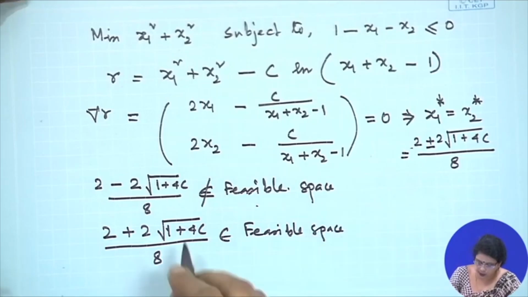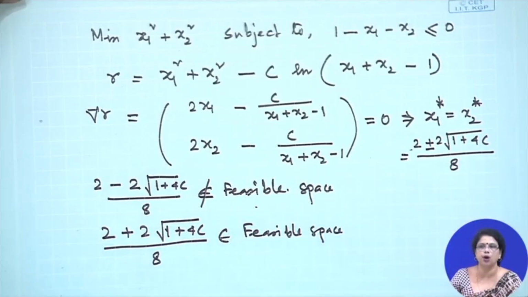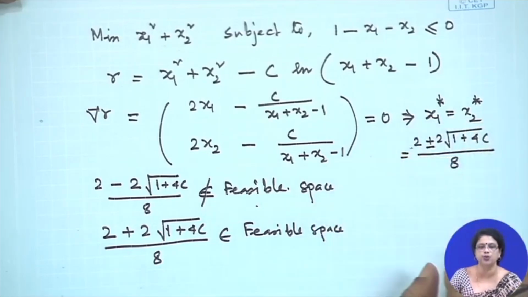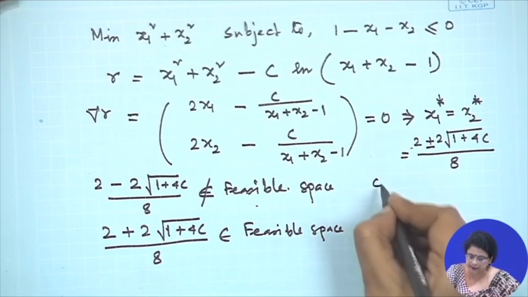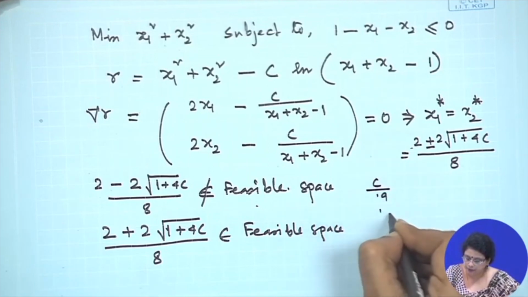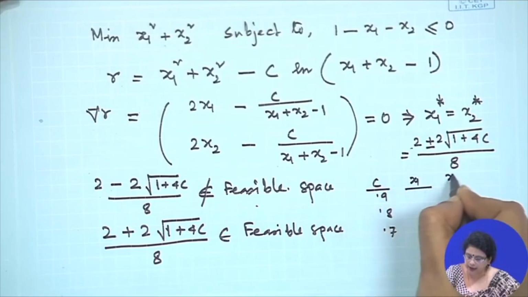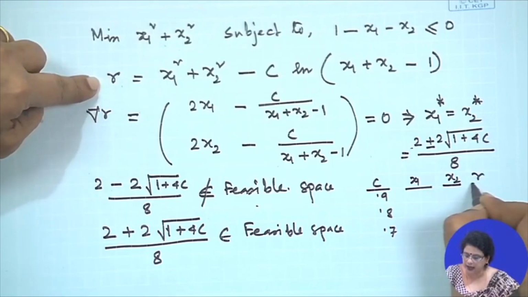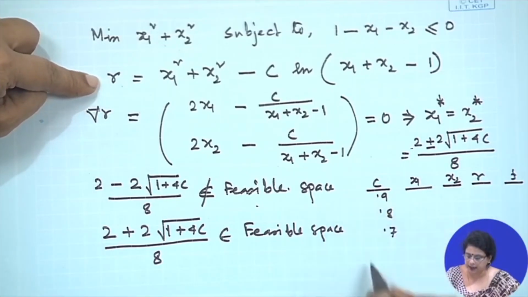Now, one thing you can do, by changing the value of c, you will get a sequence of optimal solutions, because we know x1 star is equal to x2 star. We can have different values of c starting from say 0.9, 0.8, 0.7, and we can have x1, x2 and the functional value, the r value as well. We can have a table like this.